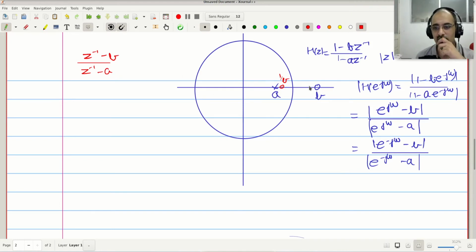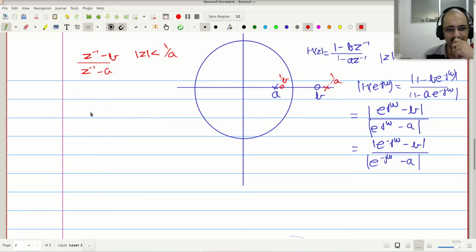So it has a pole somewhere over here, say 1 upon a. So this has a pole and 0 which are switched. Now naturally, since we want the DTFT, we have mod z less than 1 by a.